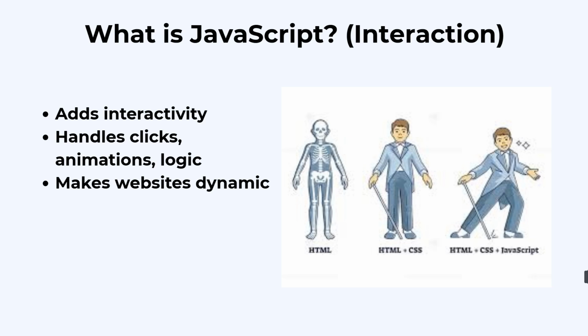It adds interactivity, handles animation, clicks, and logic, basically making the website dynamic. As you can see, HTML is just a structure. HTML along with CSS adds the looks and appearance, and HTML, CSS along with JavaScript makes it respond or behave in a certain way, just like the boy is doing there. The boy is dancing.